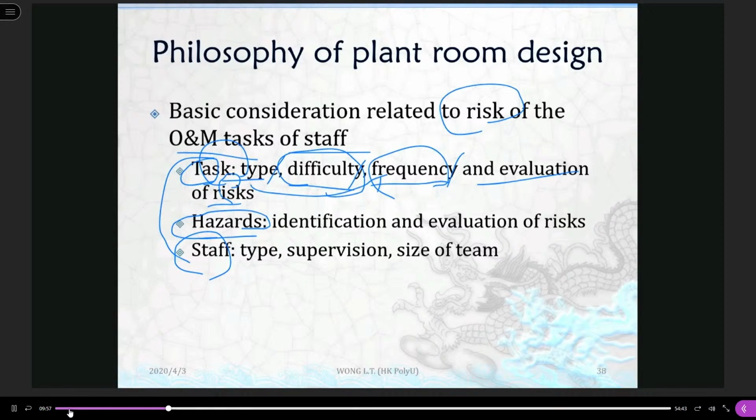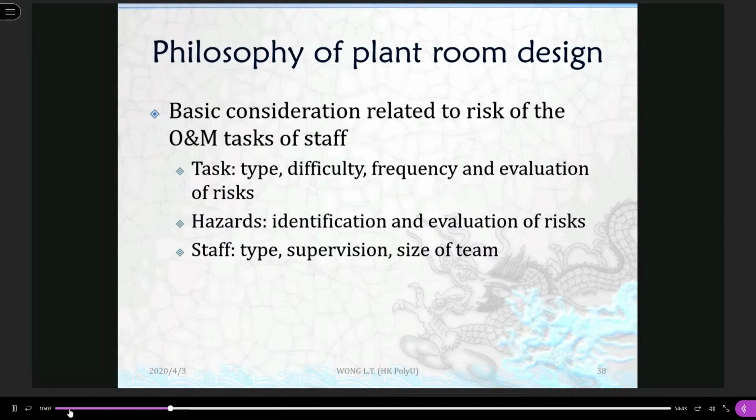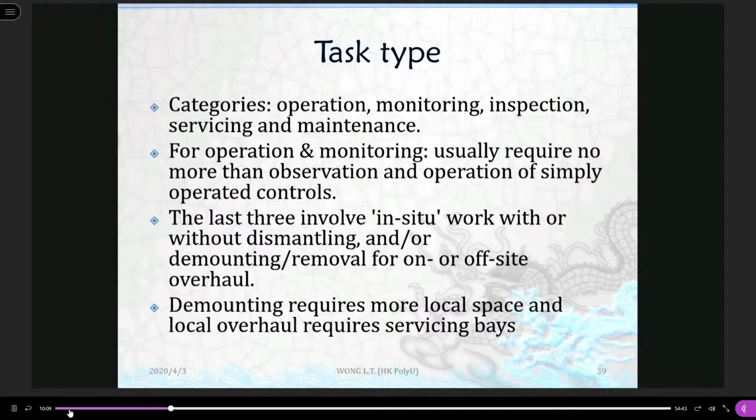So these three factors, I try to describe the planning design and subdivide it, trying to organize in this manner. Okay, so one by one. The first group is the task type. The categories for the task could be further subdivided into the system operation, the monitoring purposes, the inspection purposes, or servicing and maintenance.